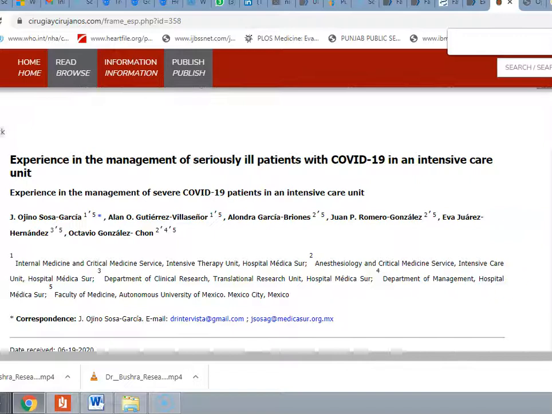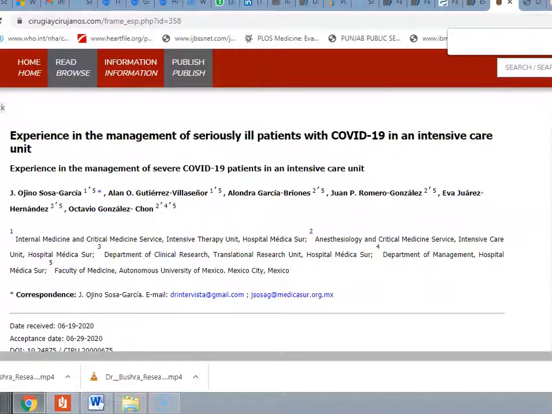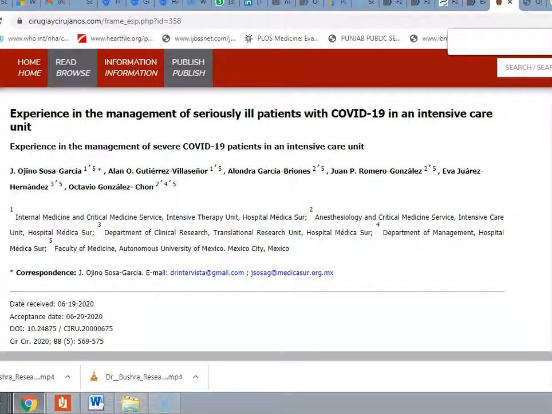Now this is what I want to show you, an example of a descriptive longitudinal study. Experience of COVID-19 patients in ICU.